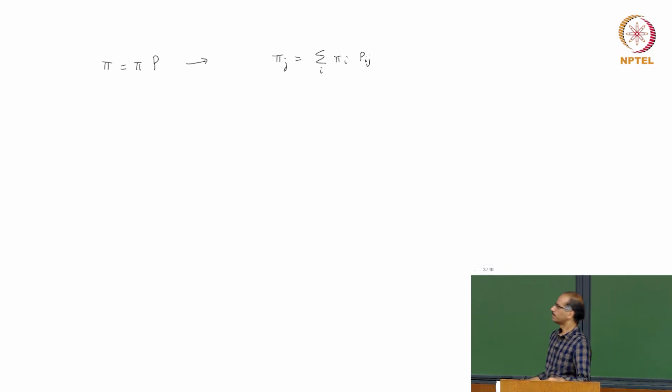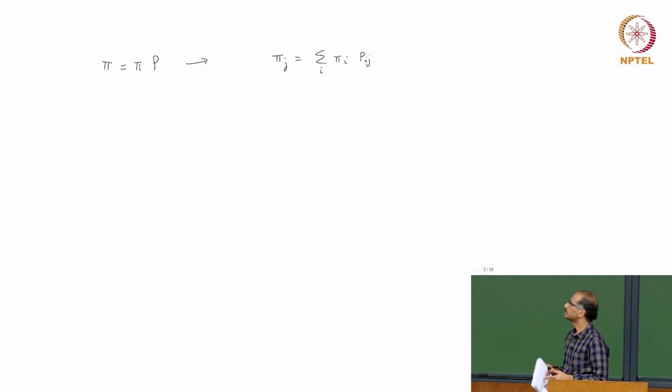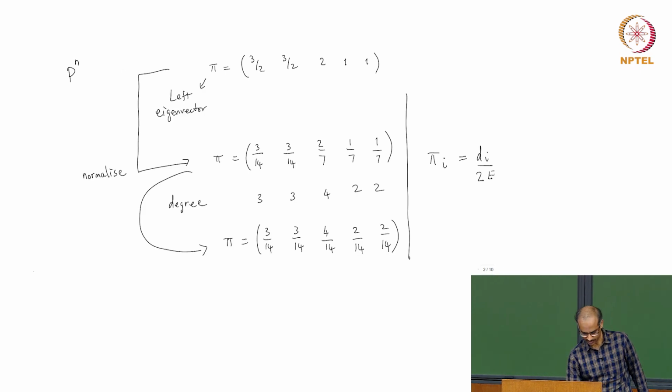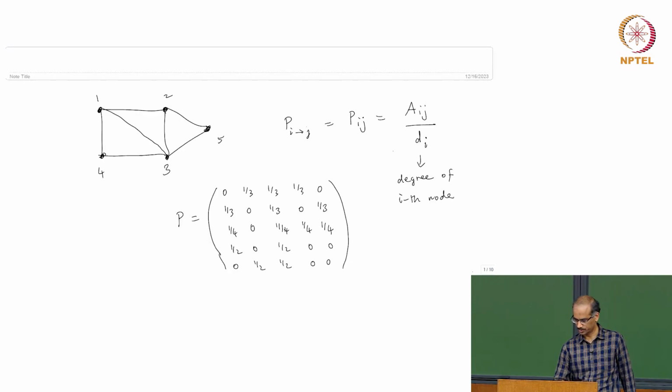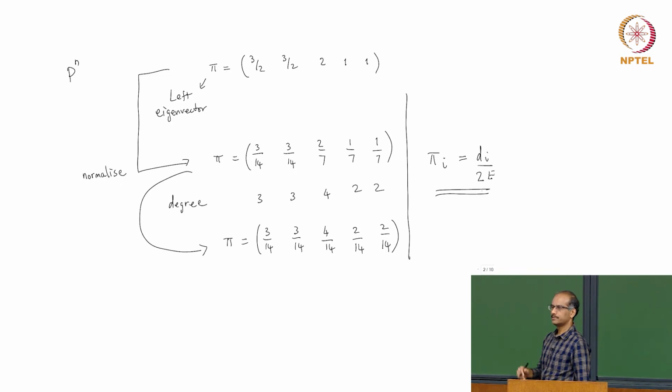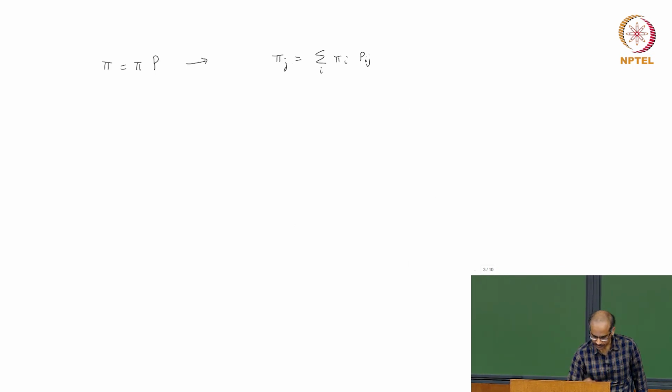Okay. You can plug in the right transition probability matrix for your Pij elements. We've already written it down somewhere here. Here, this one. And you can plug in this pi i there and show that it actually satisfies.